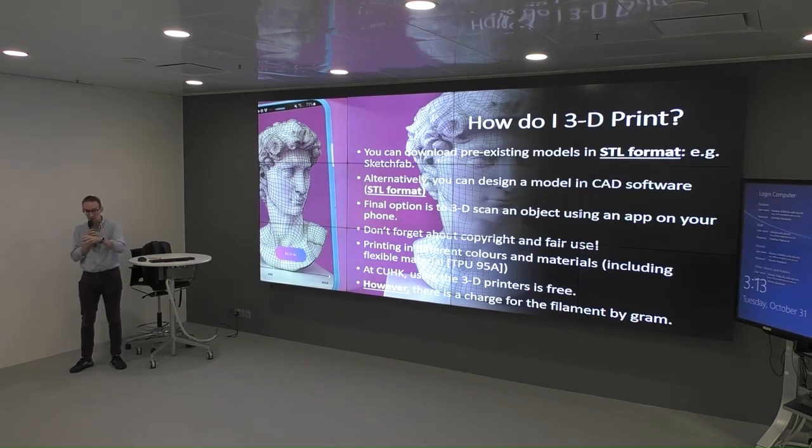There's a new one which uses something more like rubber. That'll depend on what you want to create. And then there are color options as well. So these are all elements of the design that you will want to think about.